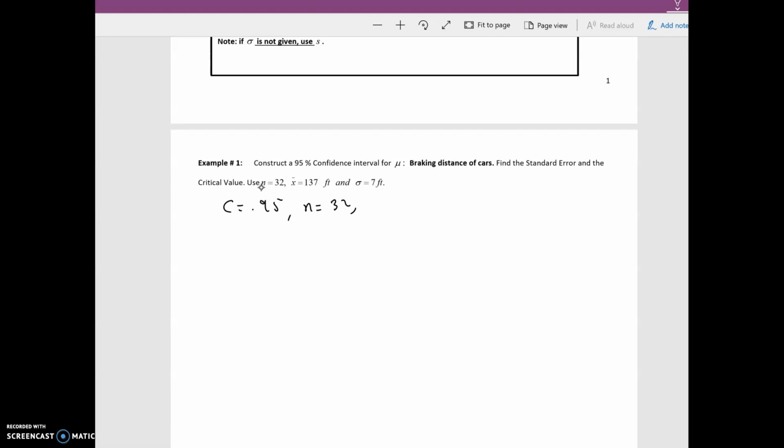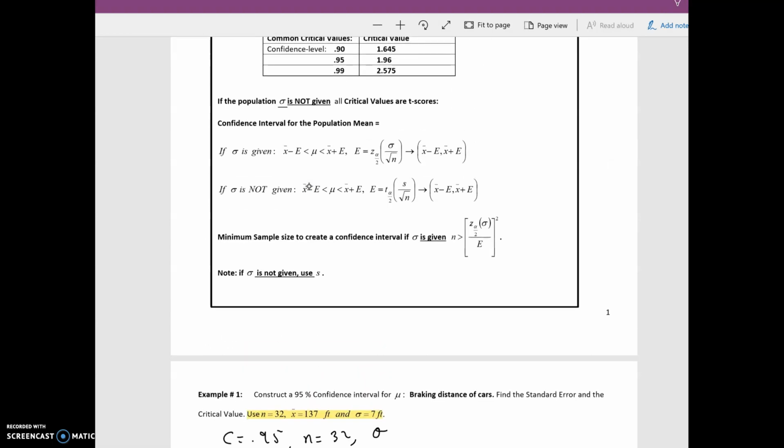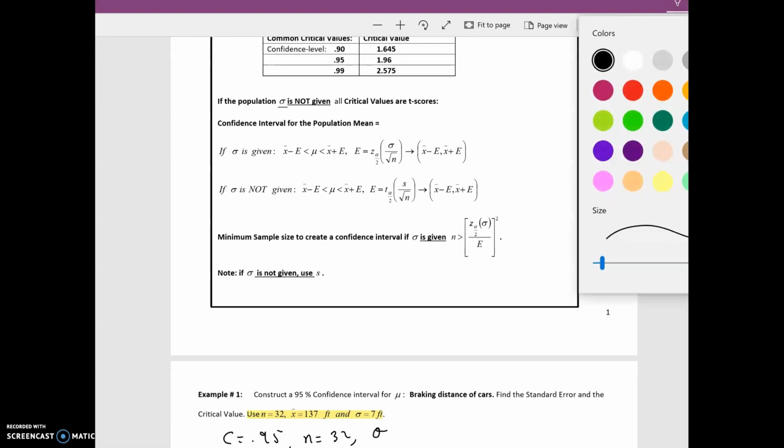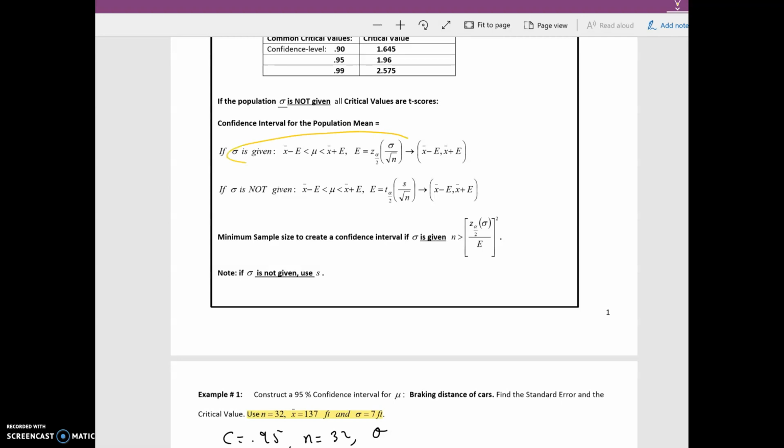The sample mean is equal to 137. And the most important part here is that we're given the value of sigma. Because you're given the value of sigma, in that case, this is the proper formula that we're going to be using, since we have the standard deviation of the population.